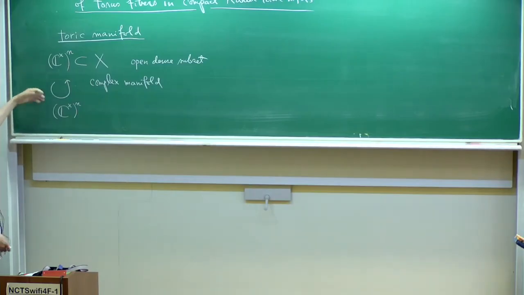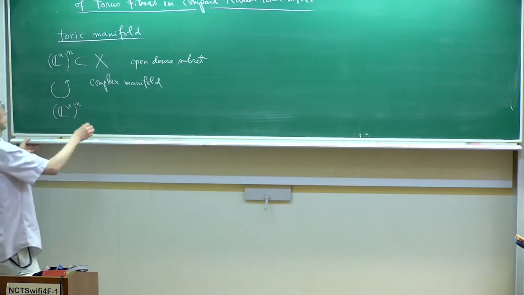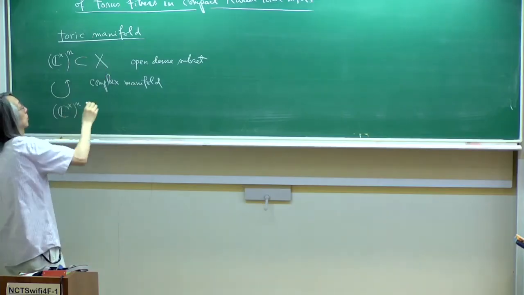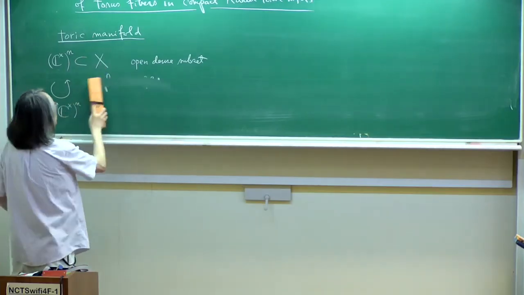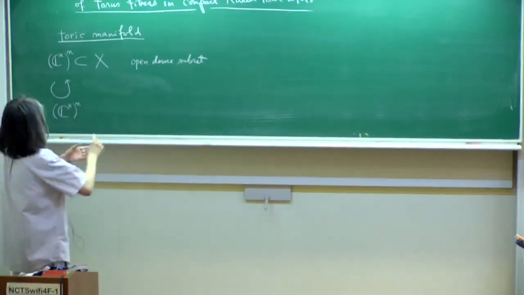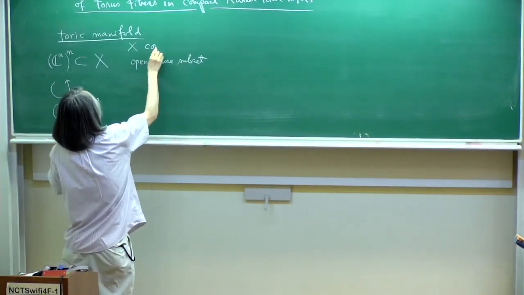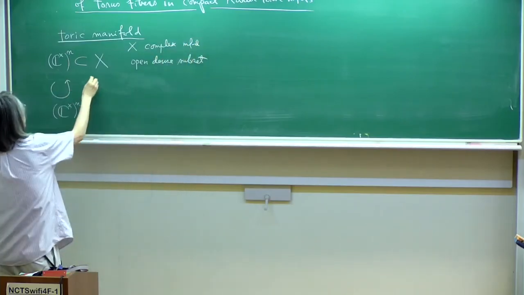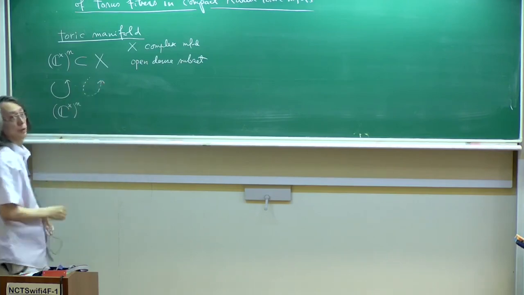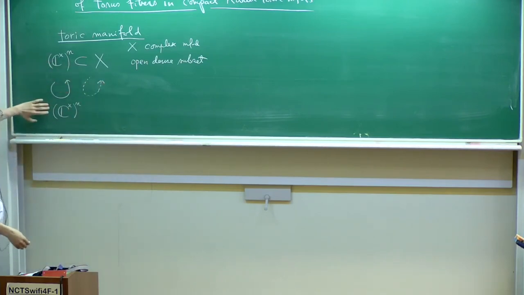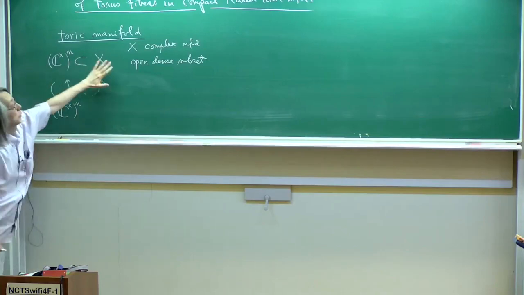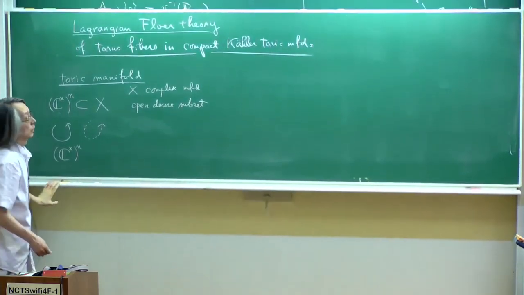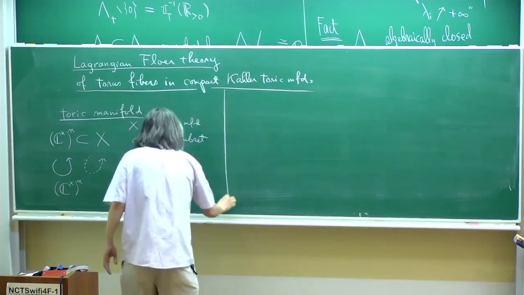And then if this action actually extends to an action on X, where X is a complex manifold, then we call it a toric manifold. Namely, it is a torus equivariant compactification of this complex torus. And there are some descriptions of this.